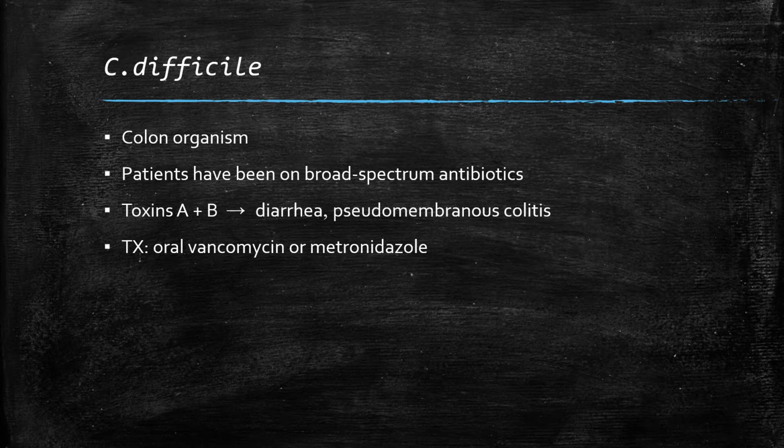C. difficile secretes two exotoxins, A and B, which damage the colonic mucosa and lead to the clinical picture of diarrhea and pseudomembrane formation. The treatment of an established C. difficile infection is oral vancomycin or Flagyl, but of course, the best approach would be prevention, and all patients on broad-spectrum antibiotics should have them discontinued at the first opportunity.